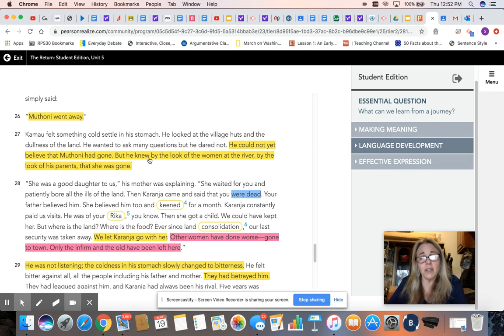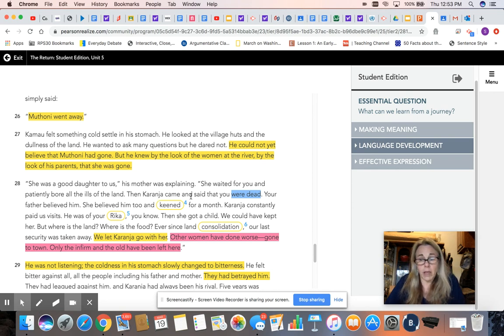Then the family hovers around him. They're explaining to him why this happened. They said, she was good. She waited for you. She patiently bore all the ills of the land. So this gives us information that she wasn't trying to abandon him. She was waiting for him. But Karanja kept coming around and saying that Camus was dead.